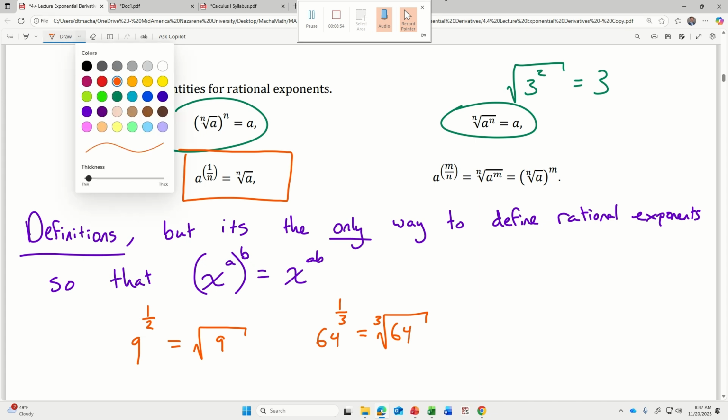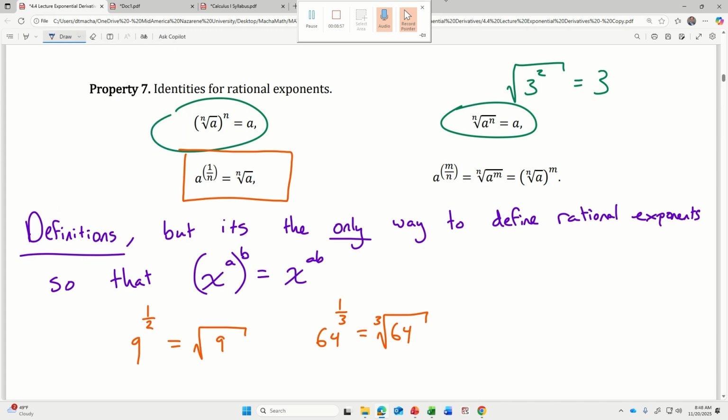And the reason for this is because if I had, let's say, I don't know why I can't think of squares right now, 25 raised to the 1/2 power times 25 raised to the 2 power.